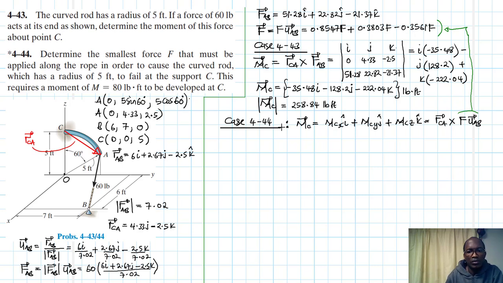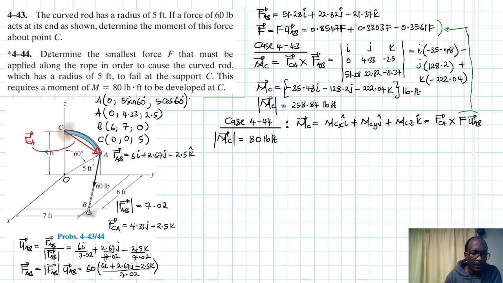And then later on we know that MC is just equal to the magnitude of this. MC is equal to 80 pounds feet. So we already have the solution to this, so we just want to work out this now. We are working it out in reverse.